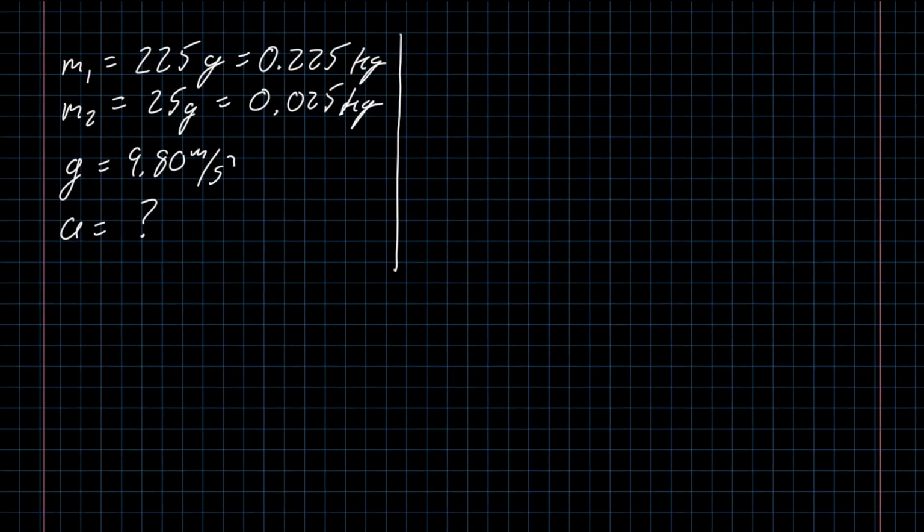All right, so we have a force. It is going to be the gravitational force acting on the hanging mass m2. Helps if I write down the right mass. Right, mass 2 is 0.025 kilograms.